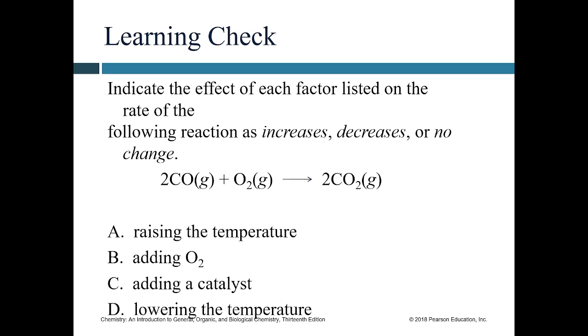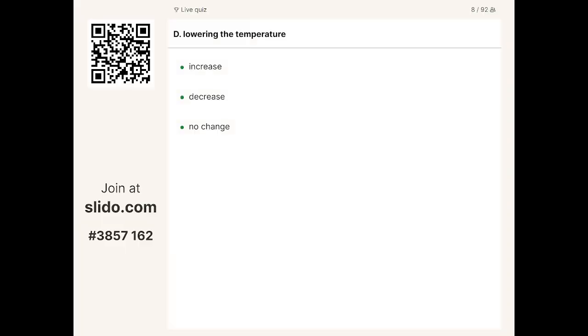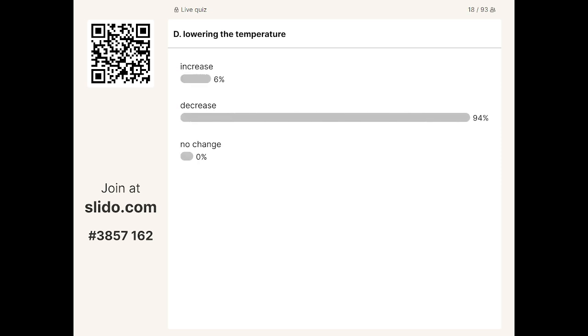Can you bring it back up? It throws me off for some reason. So if we lower the temperature, what does that do for the speed of that reaction? Can you show the formula again? It doesn't matter, actually, not for this one. Then I'm going to say no change. And that is going to indeed decrease the speed of a reaction if you lower the temperature.